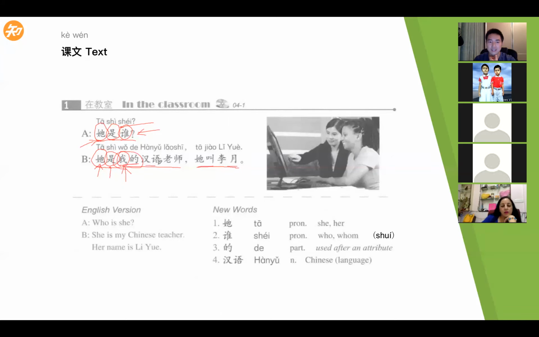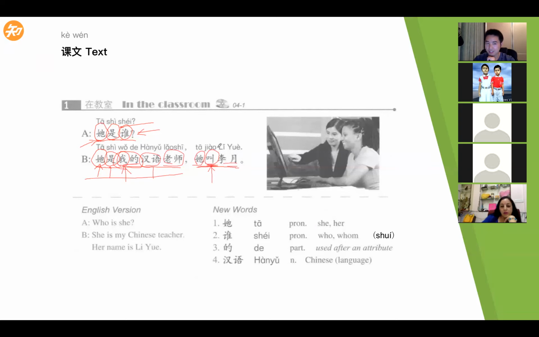My, okay. Then this is Chinese teacher. So together it's my Chinese teacher. She's my Chinese teacher. Then her name is Li Yue. Can you tell me what's the meaning of this one?